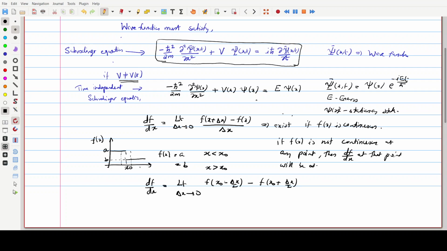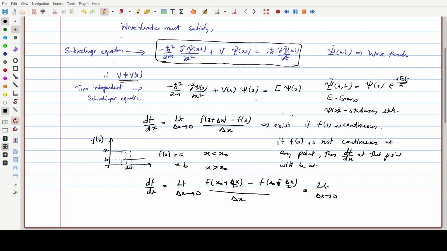So first we take the point after x0, and second we take the point before x0.